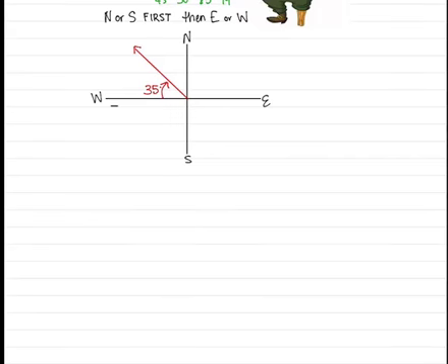This angle is measuring from this line, which is the west line. You want to find the angle that's measuring from the north line. So what you're going to do is subtract 90 minus 35 so that you can figure out what that angle is right there, which will be 55 degrees. So you would write this bearing as north 55 degrees west. Pretty easy.